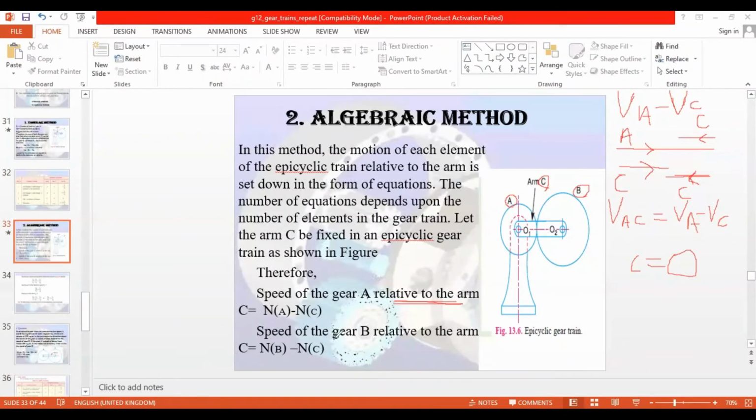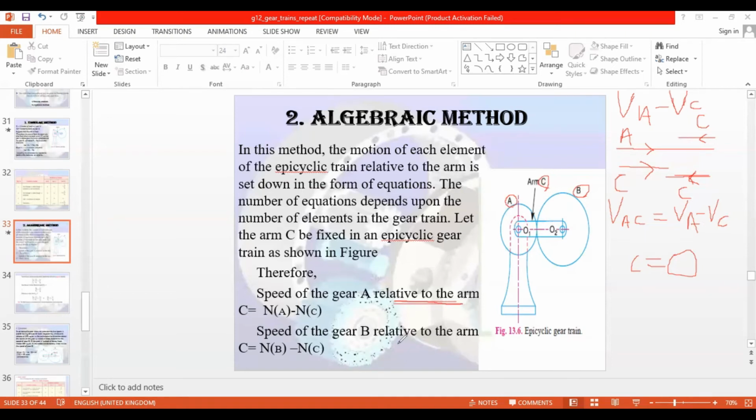Then again, speed of gear B relative to arm C. So now this B relative to arm C is NB minus NC, velocity of B minus arm.